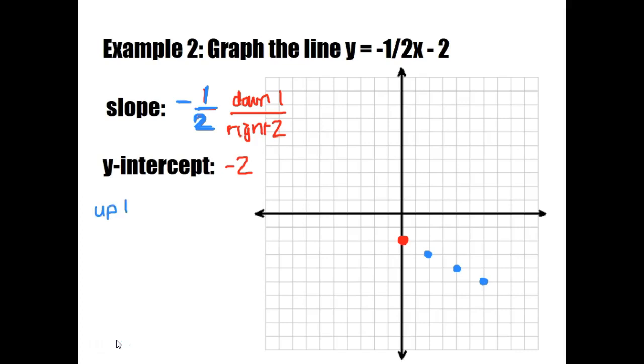Perfect. So you could think of the negative as flipping spots. Instead of the negative being up top to go down, now the negative's below to go left. And graph your line.